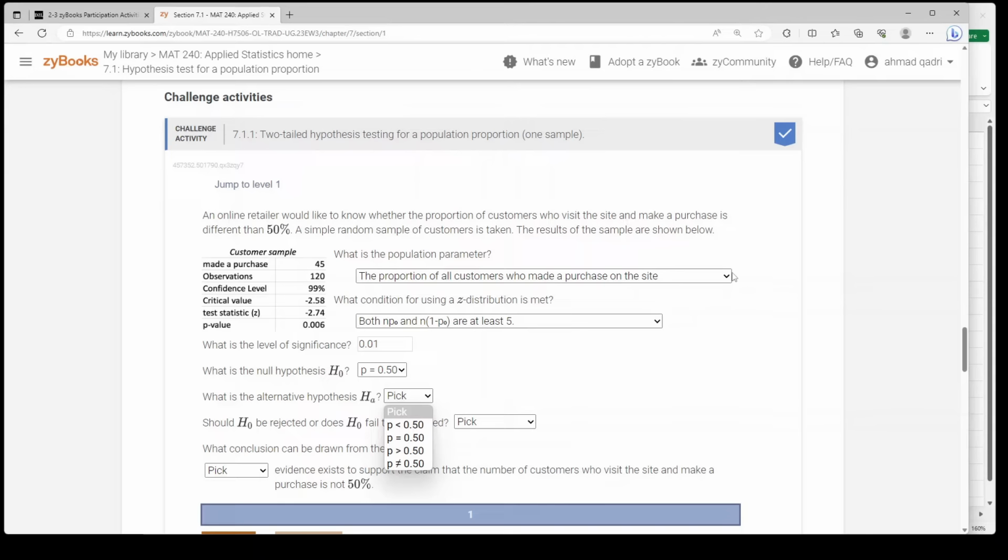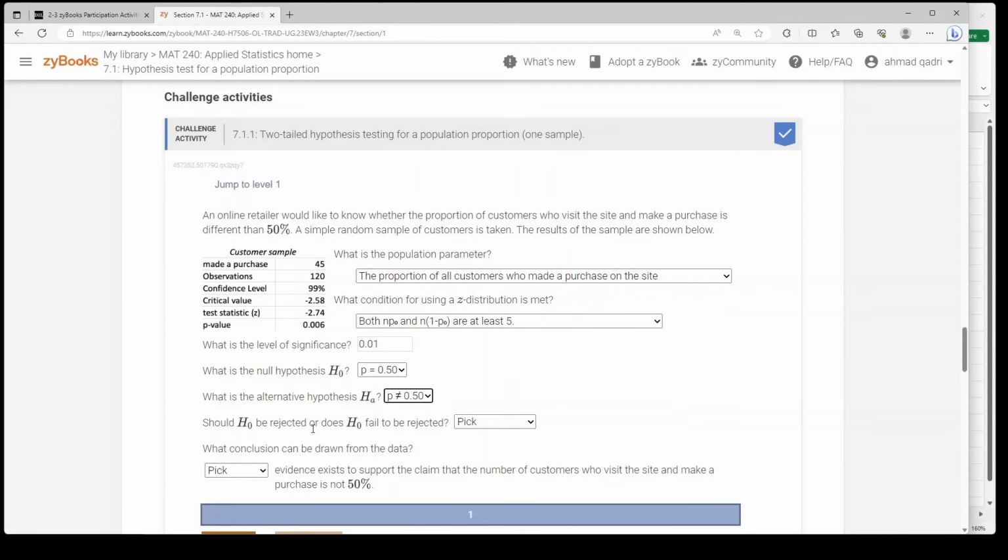Because we're attempting to test that the proportion is different than 50%, different means it can be less than or greater than. So that means there are two tails in the distribution, so it's a two-tailed hypothesis test. And so therefore p is not equal to 50%. This is the only option that involves a two-tailed test.